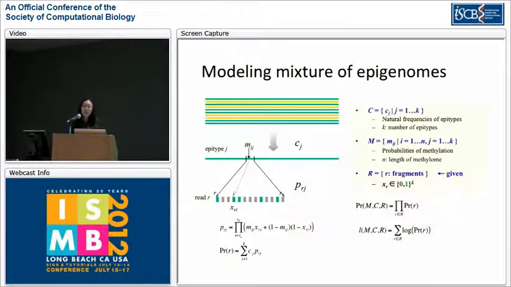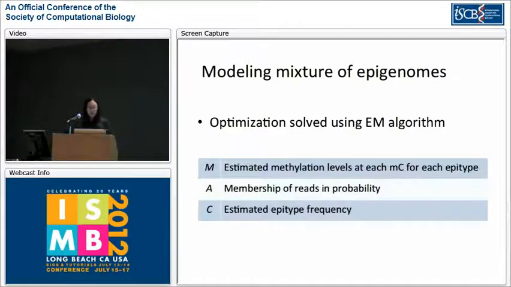And of course, we don't really know the methylation matrix, or in many cases, the epitype frequency. Those are exactly what we're trying to compute. So our goal here is really just to find this methylation probability matrix and the epitype frequency such that the log likelihood of observing the entire set of reads is maximized. So this is essentially our model and our goal.